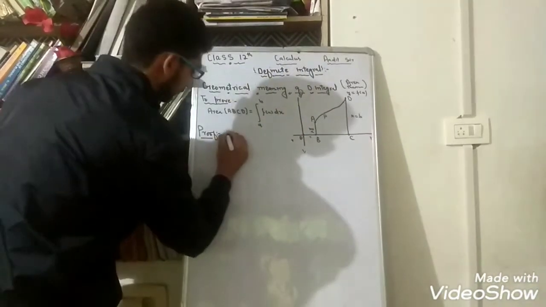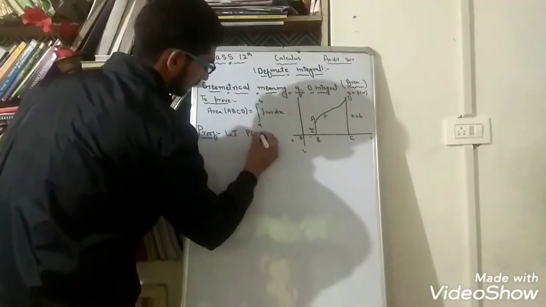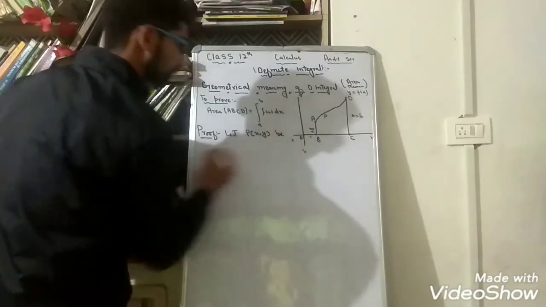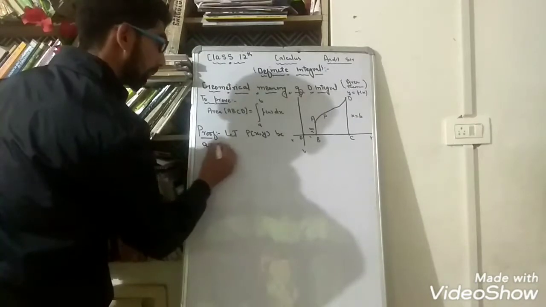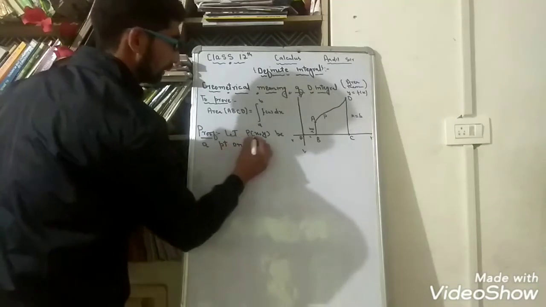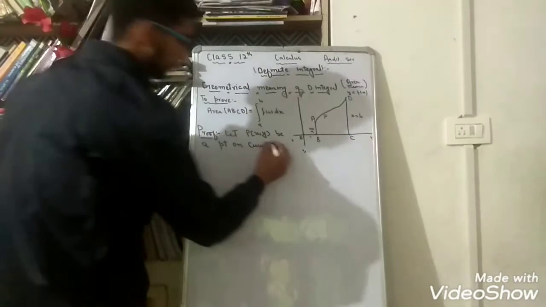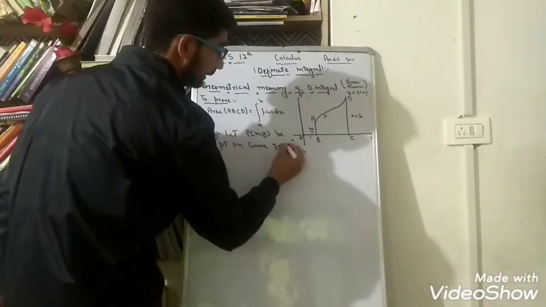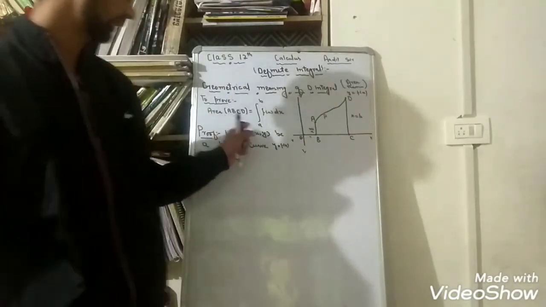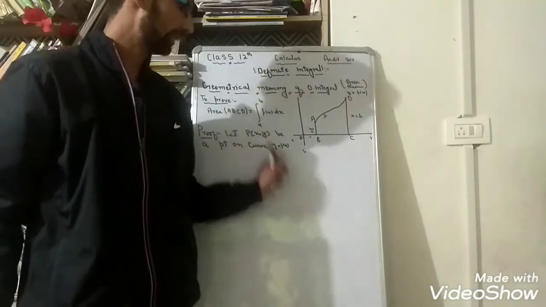So I will take, let P(x, y) be a point on the curve y is equal to f of x. On my curve I take a point whose coordinates I have kept: abscissa x and ordinate y.